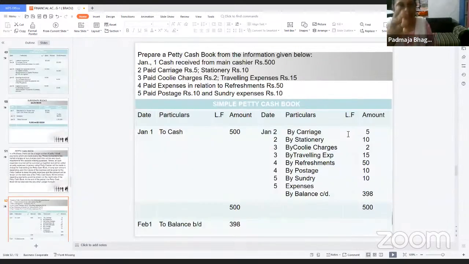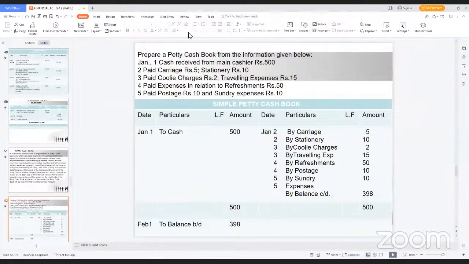See this, this one is a question and this one is a book. Just go through. So petty cash: how much amount have they issued? 500, ma'am. Yes, that 500, whatever amount is allotted, will be written on the debit side.